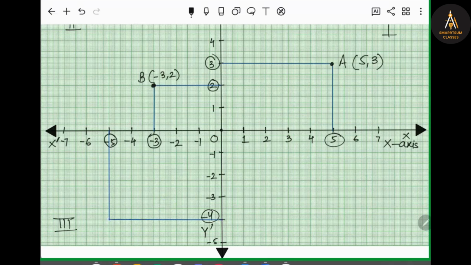So now you can see that these two lines are meeting at a point here. And this point is your C point, whose coordinates are minus 5, minus 4. Right? So we have plotted the point C on the plane of graph paper, and it is lying in the third quadrant. Is that clear? Yes or no?